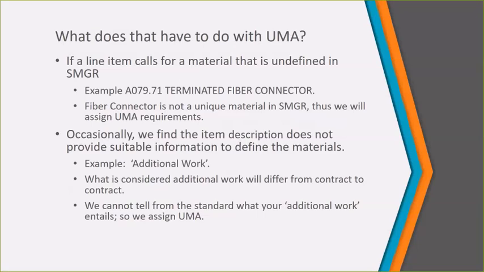Occasionally, we'll find an item description that doesn't provide us with enough information to define materials. Sometimes you'll see a line item on your contract for something called additional work. It's difficult for us to define at the outset what additional work means to you. So because we cannot define what those material requirements might be, sometimes you'll find UMA assigned to that particular line item.